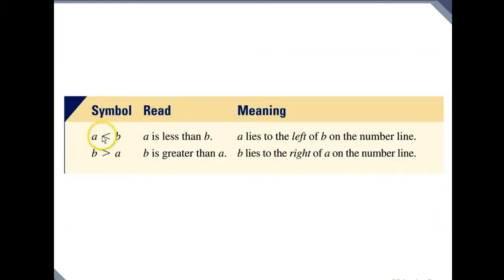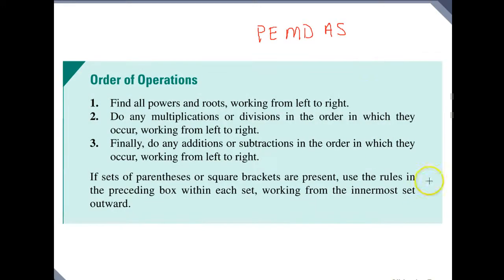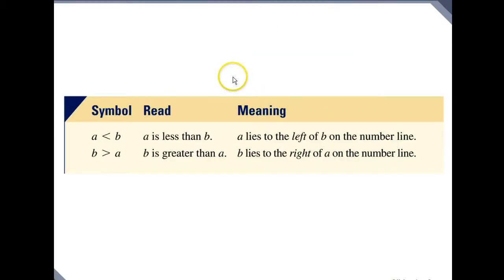And this symbol here is less than. A is less than B. So on a number line, A would be to the left of B. So we say A is less than B. B is to the right.